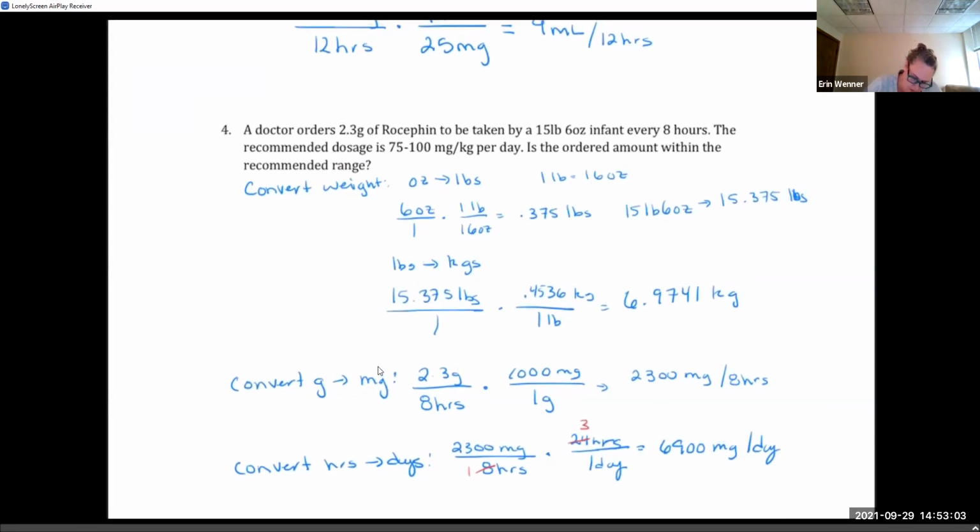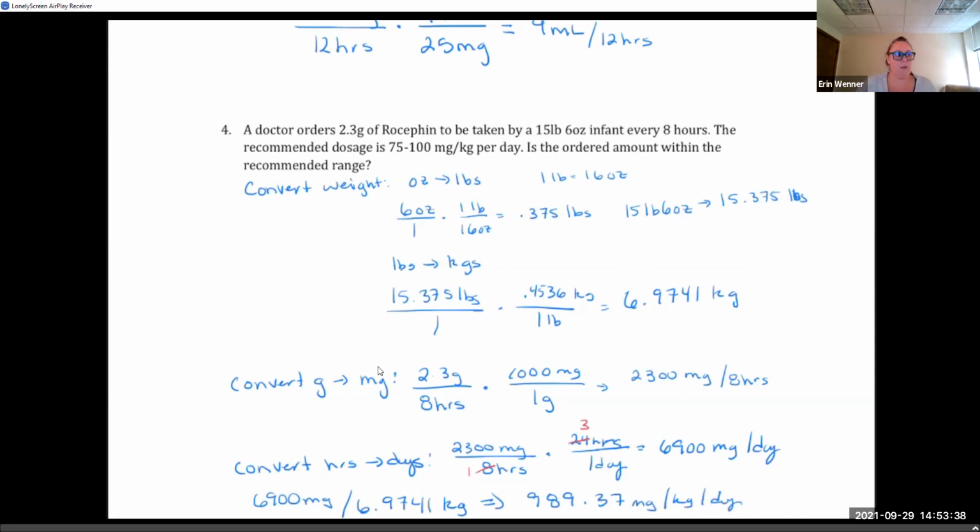So I'm going to do 6,900 milligrams divided by our 6.9741 kilograms, giving 989.37 milligrams per kilogram per day.